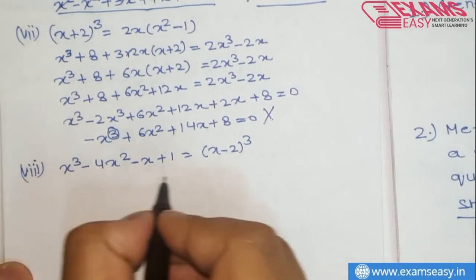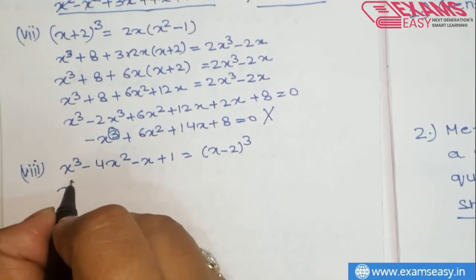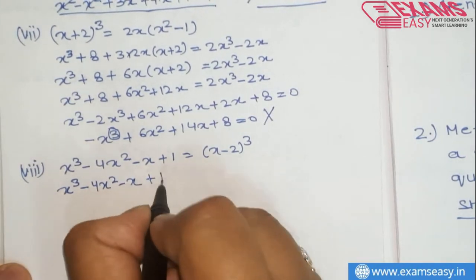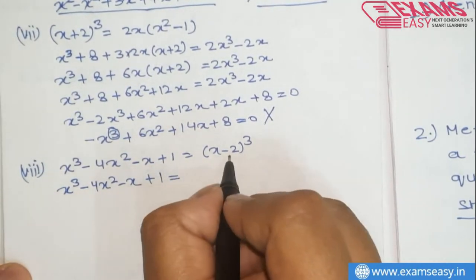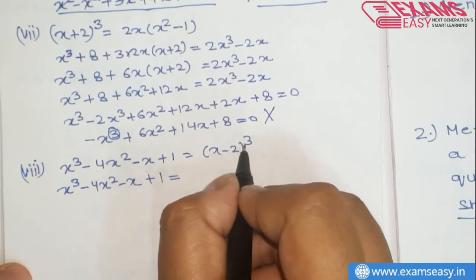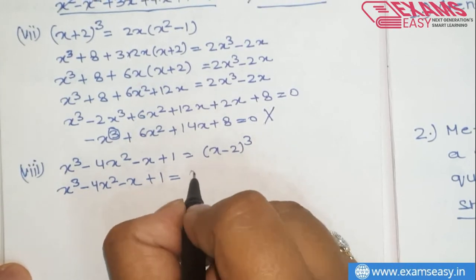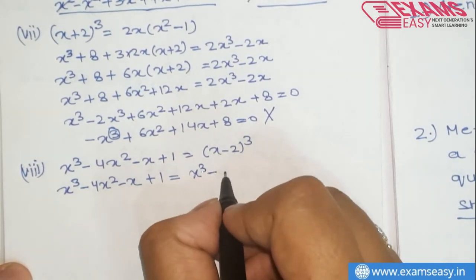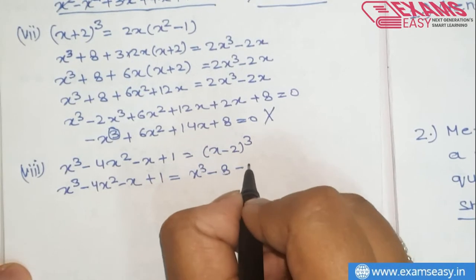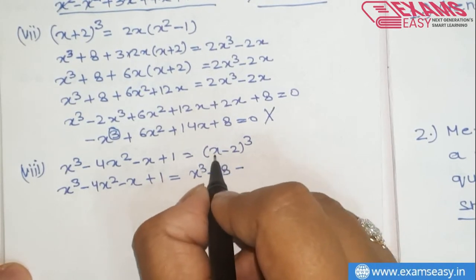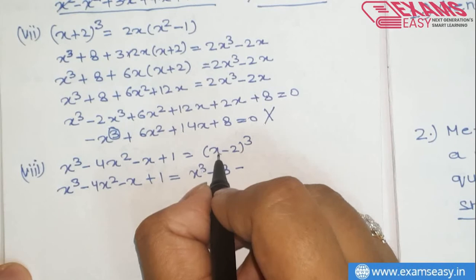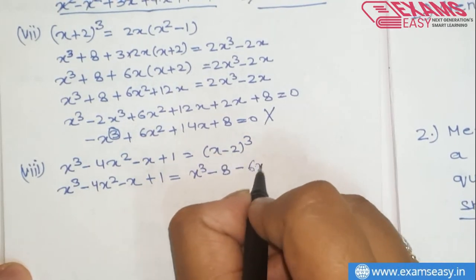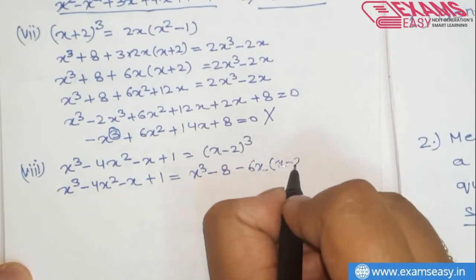So left hand side will remain as it is and we write it as x cube minus 4x square minus x plus 1 is equal to a cube, that is x cube, minus b cube, that is 8, minus 3 into a into b, that means 3x into 2, it will become 6x, and within bracket x minus 2.